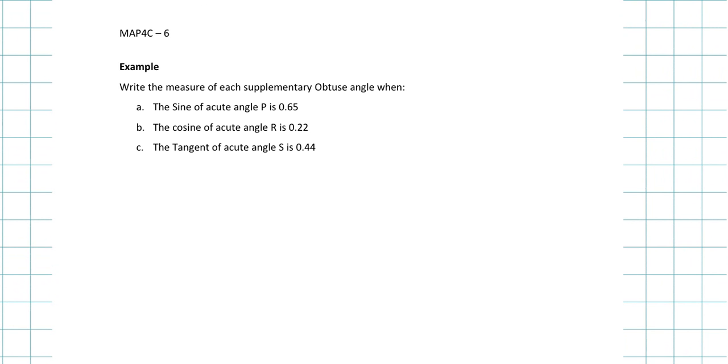So sine P is 0.65. How will you find angle P? Inverse. So do the inverse sine. What do you get? 41 degrees? Okay. So is that the answer that I'm going to leave it to? No. I have to find the supplementary obtuse angle. To find the supplementary obtuse angle, what do I do?